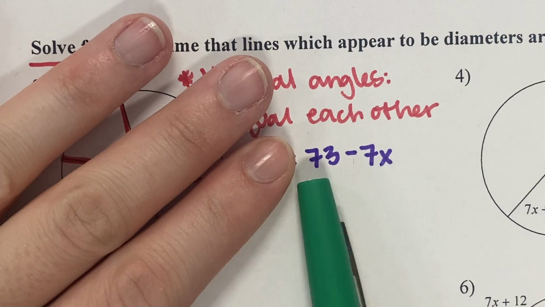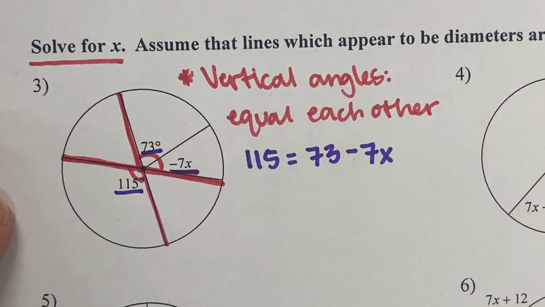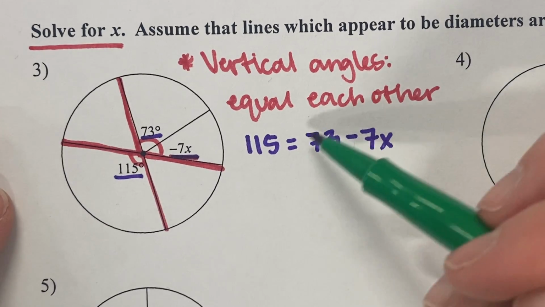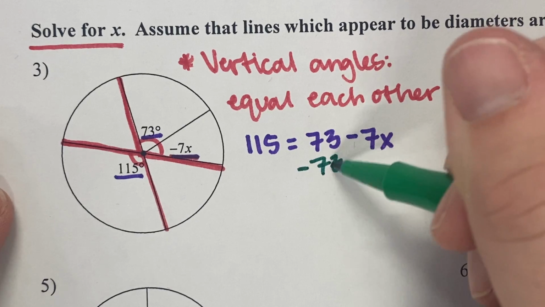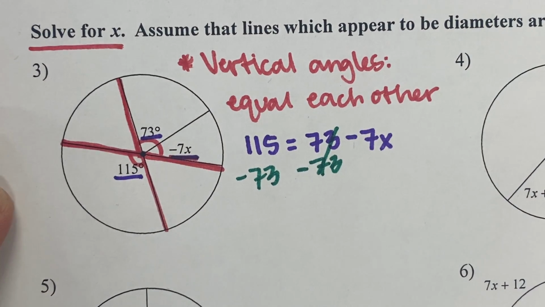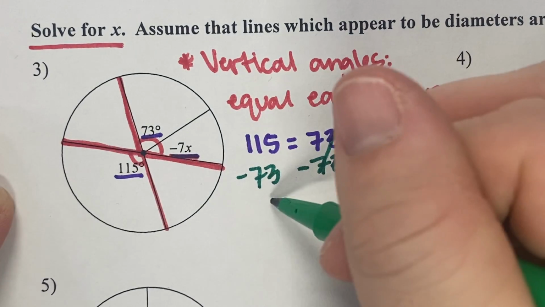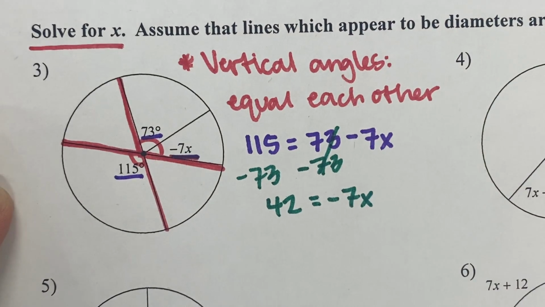On my side with my x, there's no like terms I need to combine, so I can just start getting rid of terms. The one that's farthest away from my x is this positive 73. I get rid of it by subtracting 73. Now I have 115 minus 73 is going to give me 42 equals negative 7x.